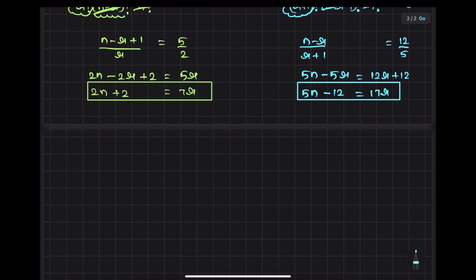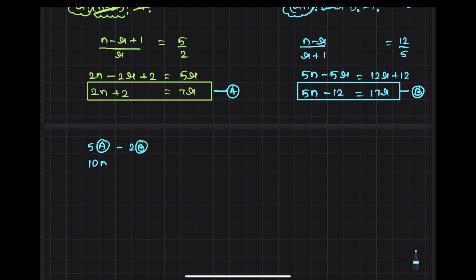Yes, we can eliminate n, because this 7r and 17r is ugly. Okay, so I'll multiply equation A. I haven't marked who is A and who is B, so I'll mark this as A and this as B. So I'll multiply A with 5, so 5A minus 2B. Okay, so let's multiply by 5.